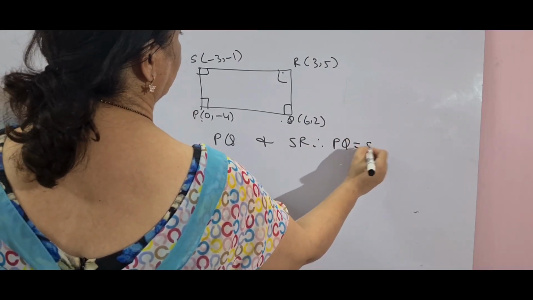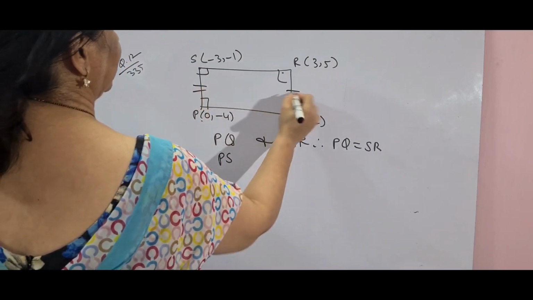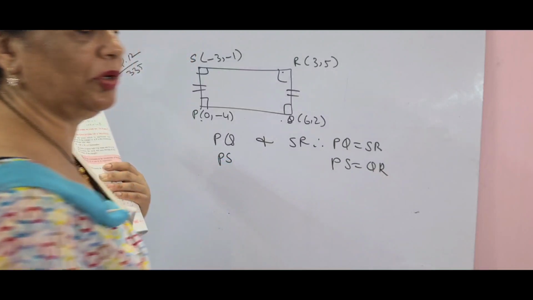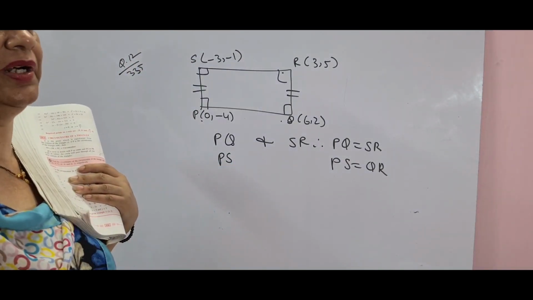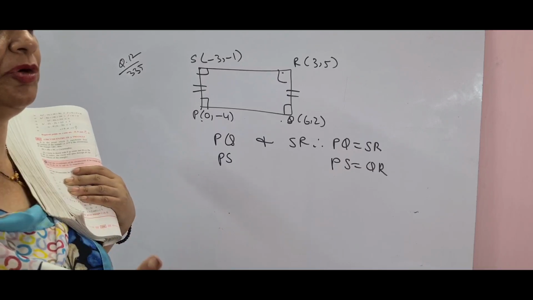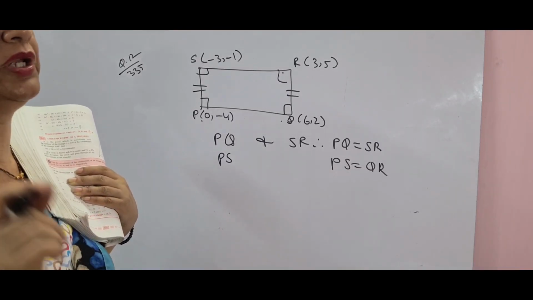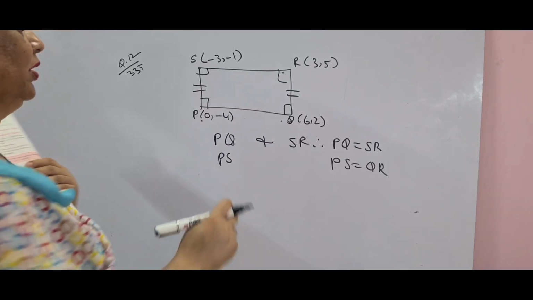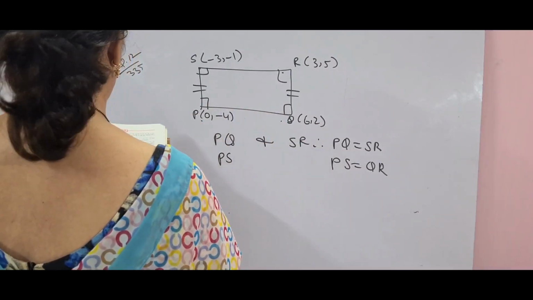If PQ is equal to SR and PS, opposite sides, PS is equal to QR, yes, it is a rectangle, because by geometry definition you know that a rectangle is that figure in which opposite sides are equal as well as parallel and each angle is 90 degrees. But you are going to take only the property that opposite sides are equal. So opposite sides are equal and hence the given figure is a rectangle.